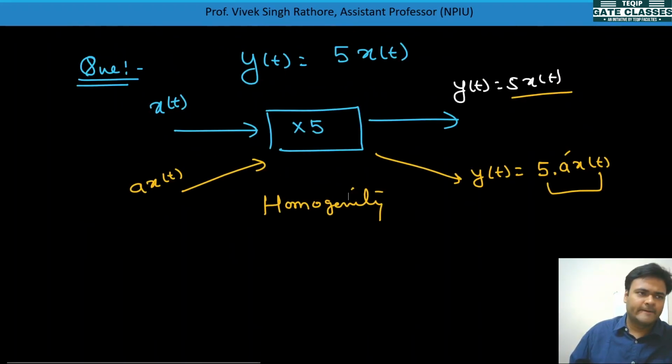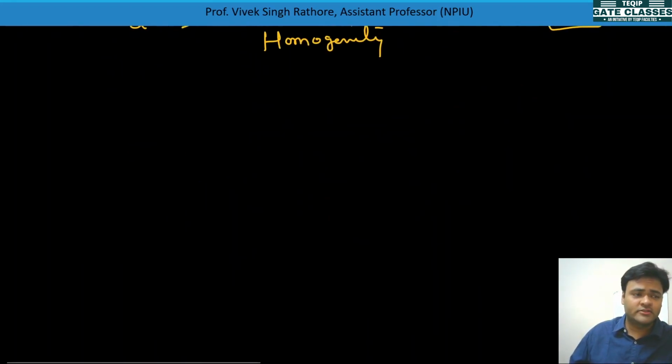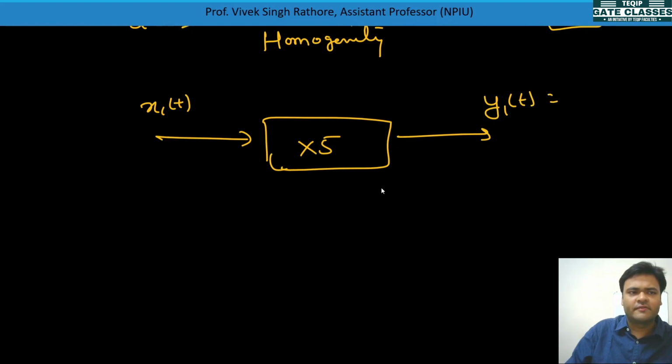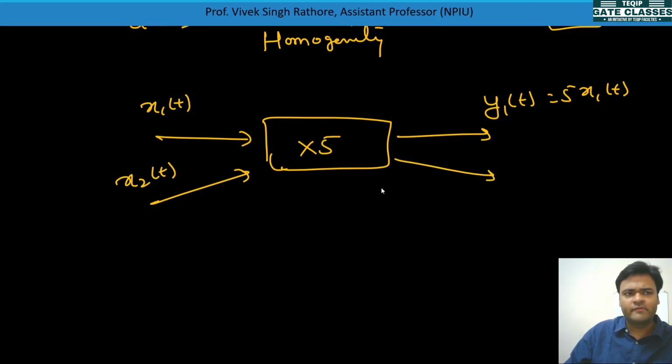Now the second condition we will see. If we give the same system, which is multiplying 5 with the input, x1(t), we will get y1(t) as 5 of x1(t). Now if the same system gets input x2(t), it will again multiply by 5 and create y2(t) equal to 5 into x2(t).